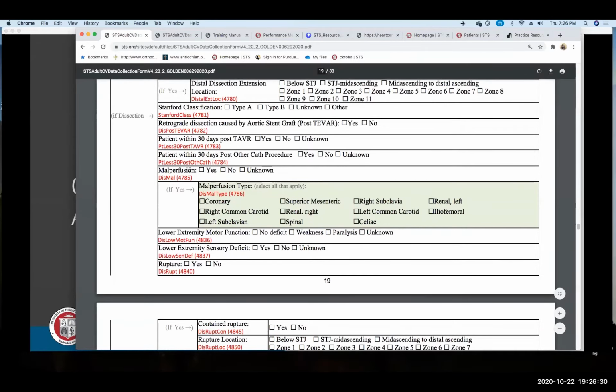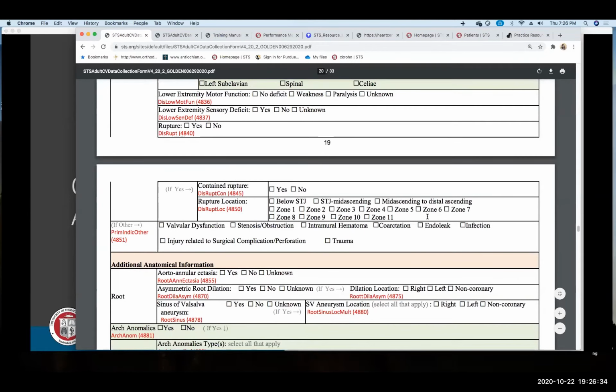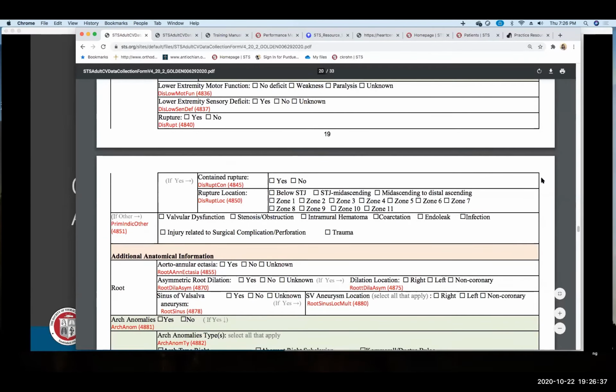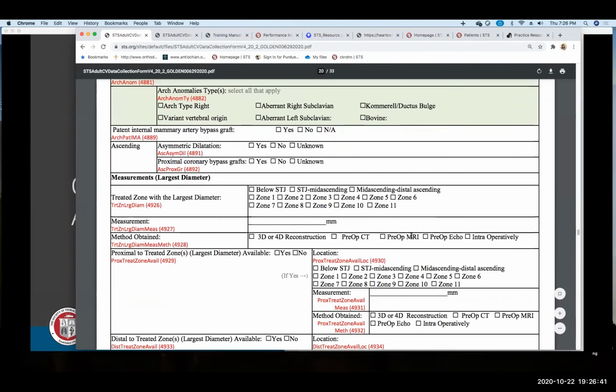This is all pretty much pre-procedural information specific to dissections or aneurysms. And then we get into additional anatomical and then measurements.